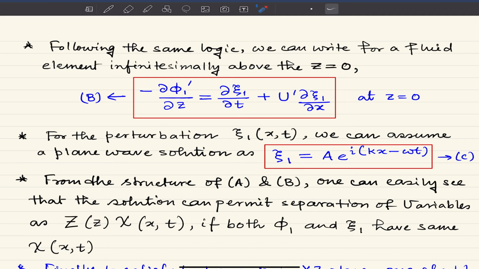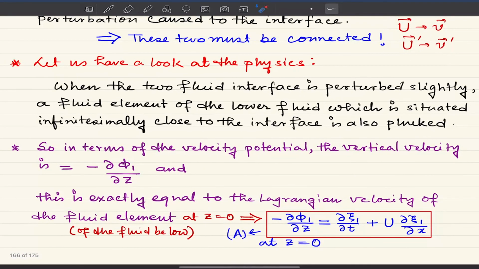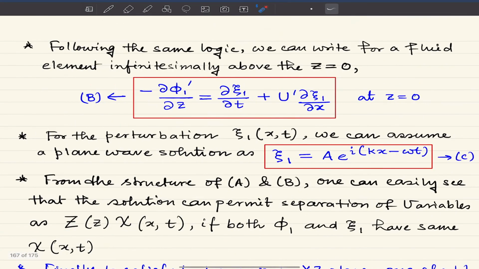We can simply assume a plane wave type of solution, because these equations where you can see the xi1 are linear in nature. So we can assume they are composed of Fourier components, and we take any one Fourier component which looks like this: xi1 is equal to a e to the power i(kx minus omega t).